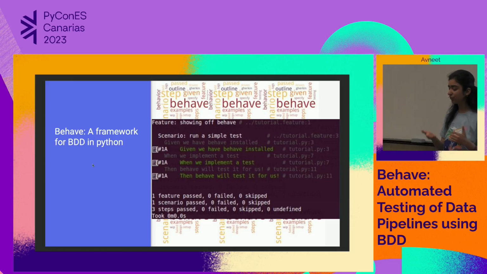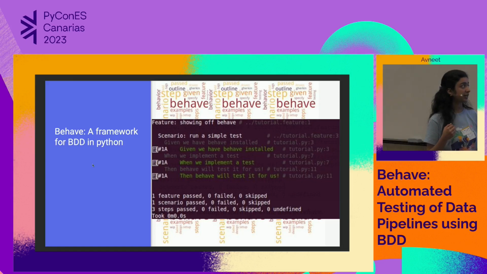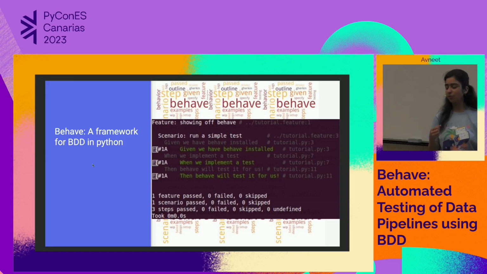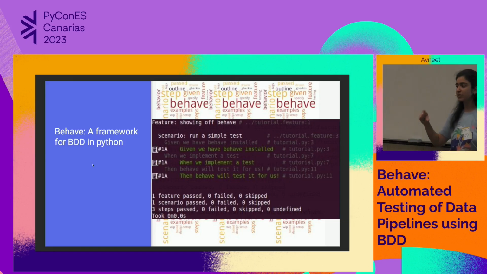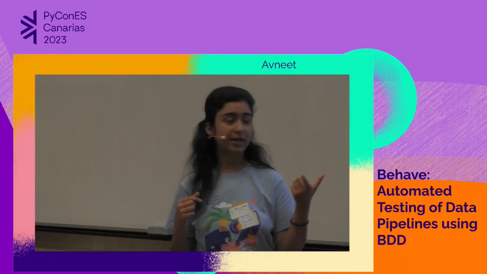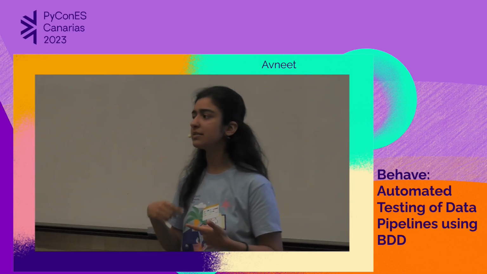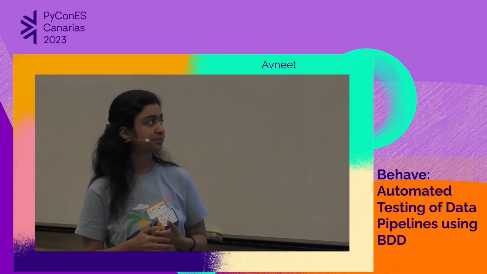Now, this is the basics of how we define our scenario. First, we define what we are trying to do, and in the given step, we define our prerequisites for running the test. You can imagine each scenario as a piece of test in itself. In the given step, you define the prerequisites, and in the when step, you define what is expected to happen when you execute the test.